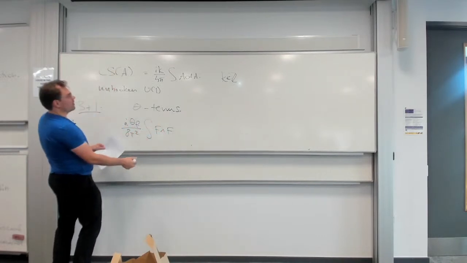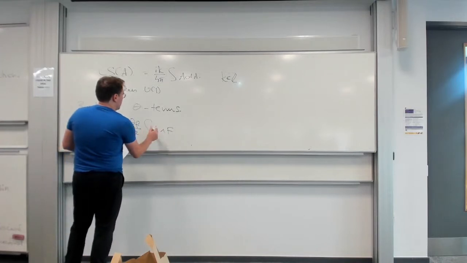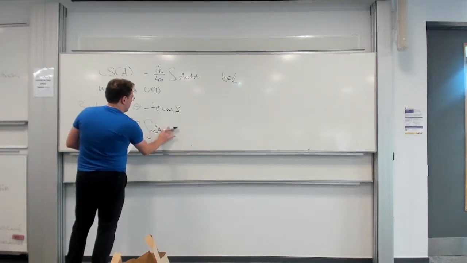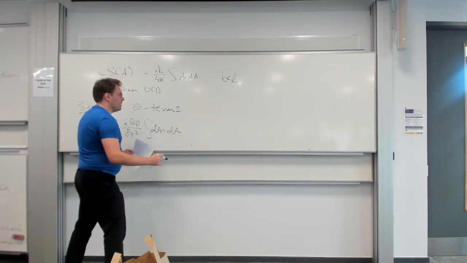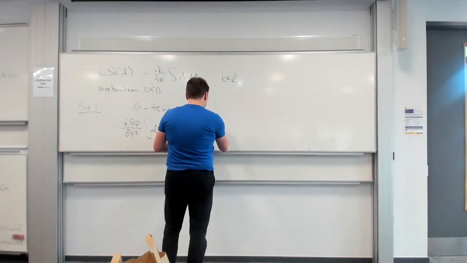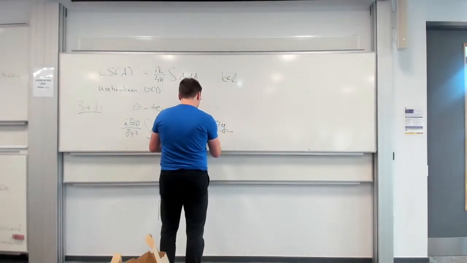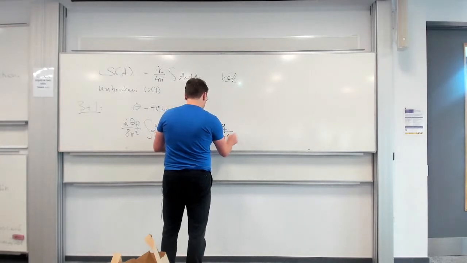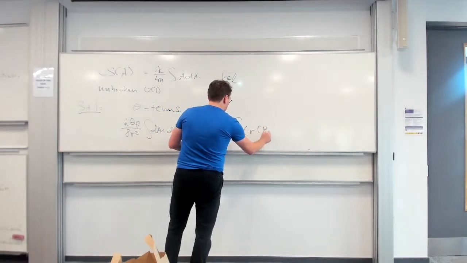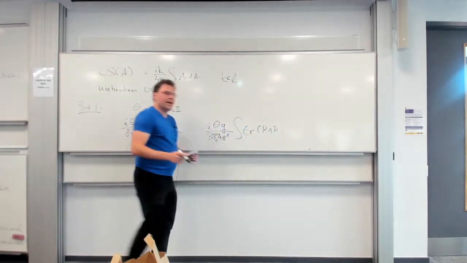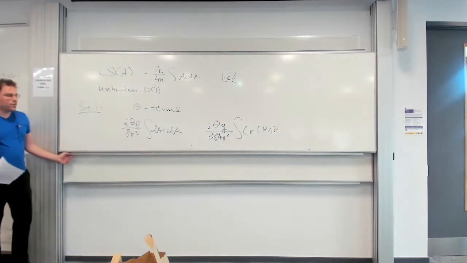I guess I call this A here. And the theta term that I'll be interested in is actually a theta term for gravitational background fields. So the thing that's suitably normalized integrates to the signature of a Euclidean four-manifold.